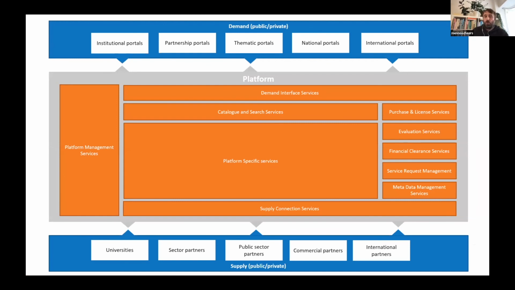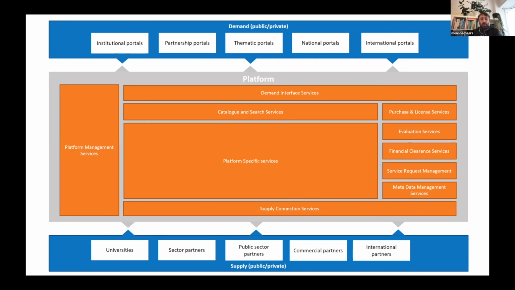The model on the upper side uses a multi-channel approach to support different target groups, which sometimes are at a national level, sometimes at a regional level, and sometimes at an international level. And on the underside, you see several kinds of participants who might offer services within the marketplace.